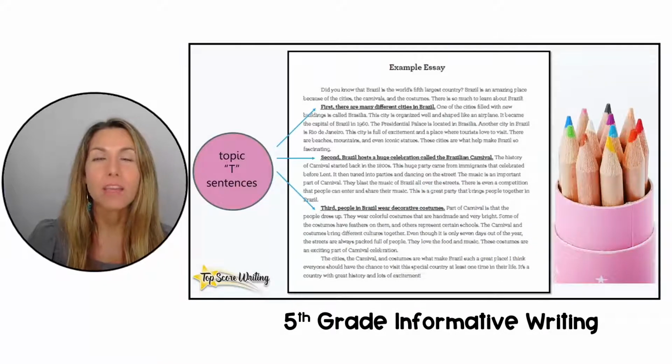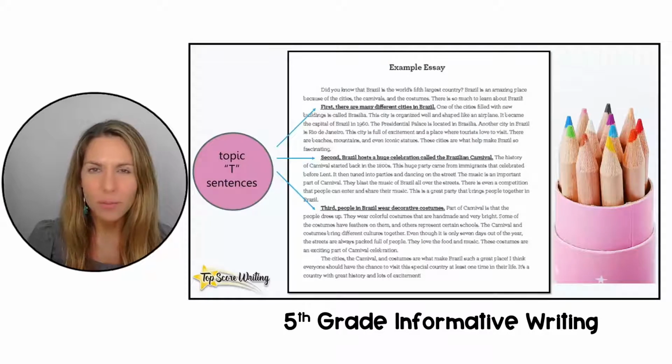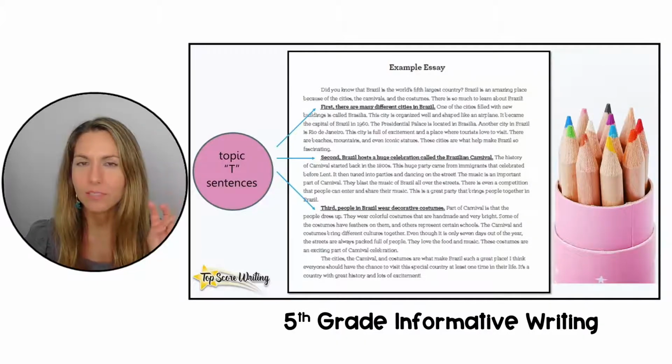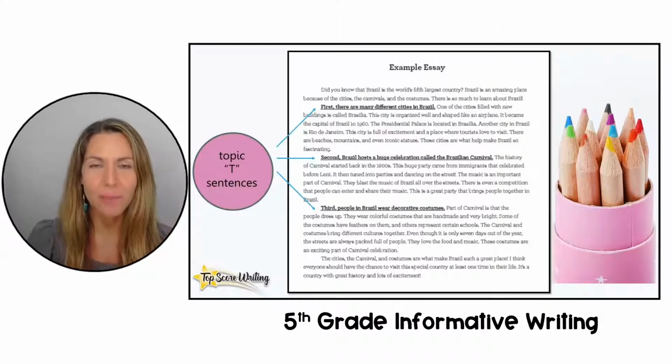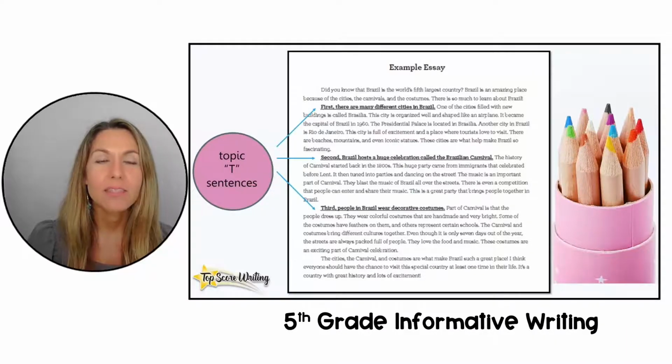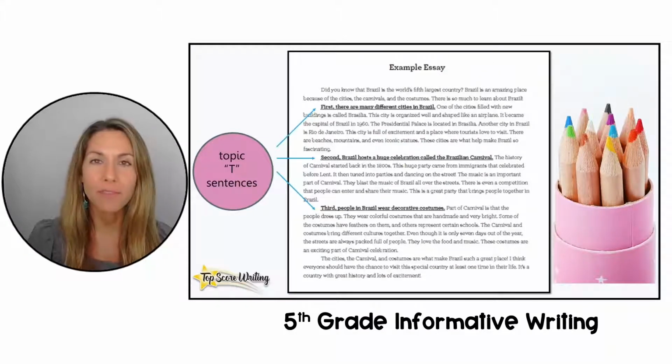Here is a complete informative essay about Brazil. The topic sentences are bold and underlined. So if you notice, every middle paragraph, T1, T2, and T3, starts with a topic sentence. Each topic sentence has a transition word, the word Brazil, and the topic of that paragraph.